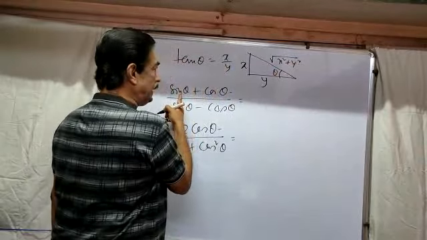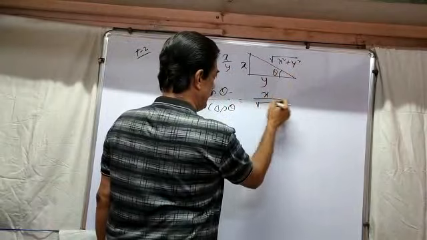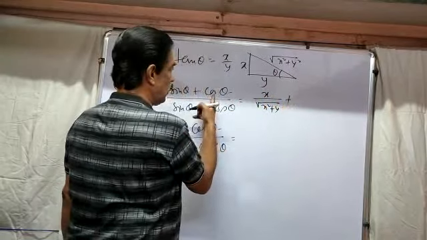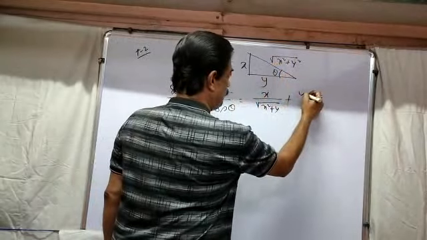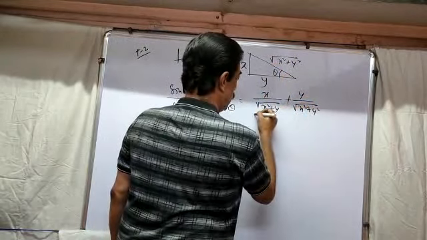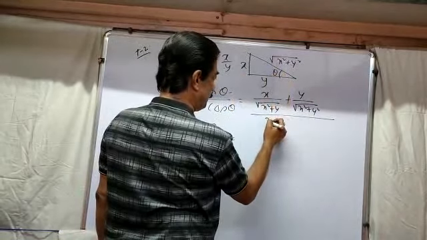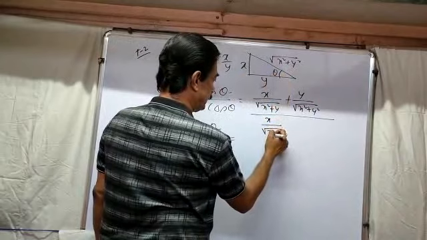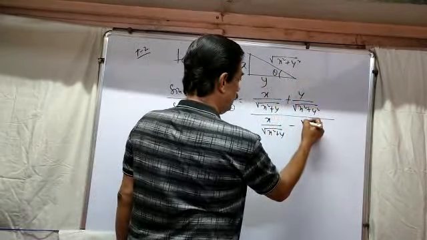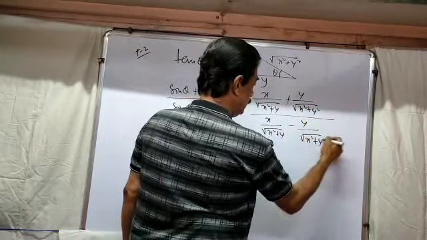Just put the values. Sin theta, perpendicular by hypotenuse, so x by root over of x square plus y square, plus cos theta, base by hypotenuse, y by root over of x square plus y square, whole divided by sin theta, x by root over of x square plus y square, minus cos theta, y by root over of x square plus y square.